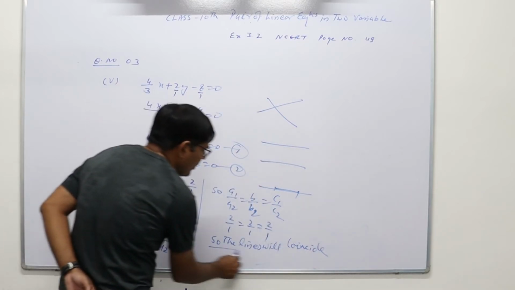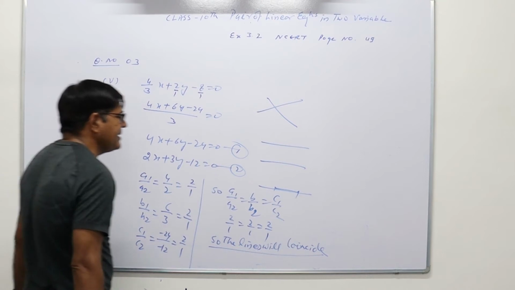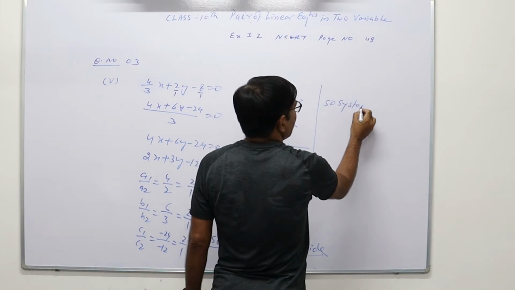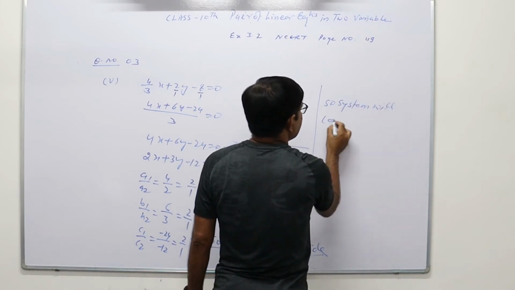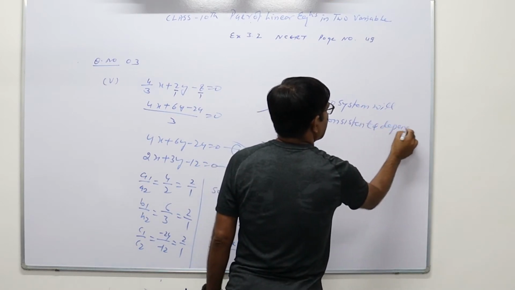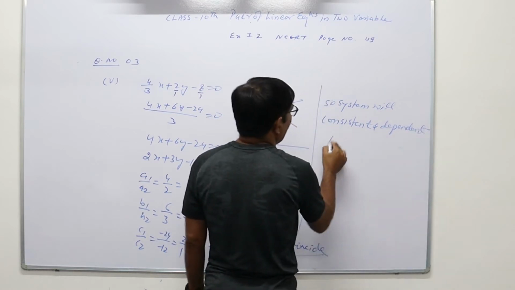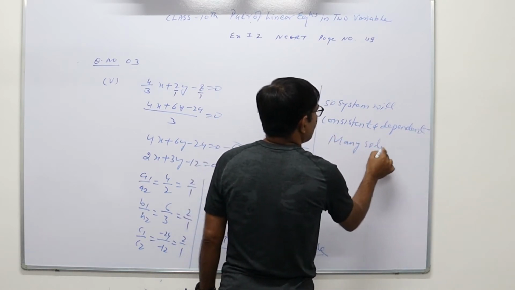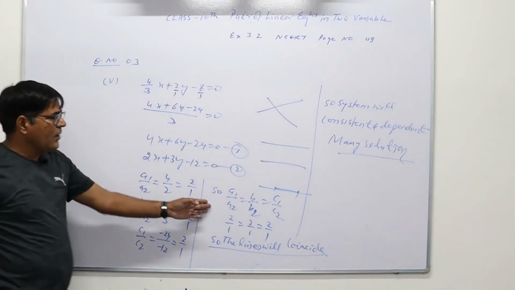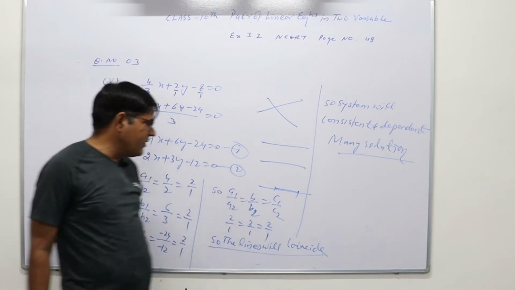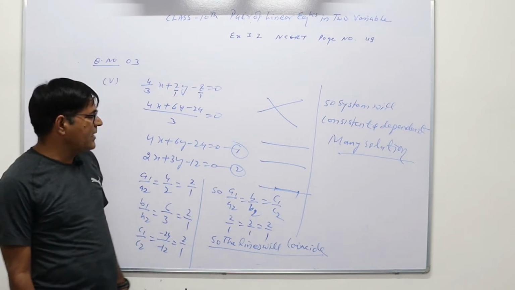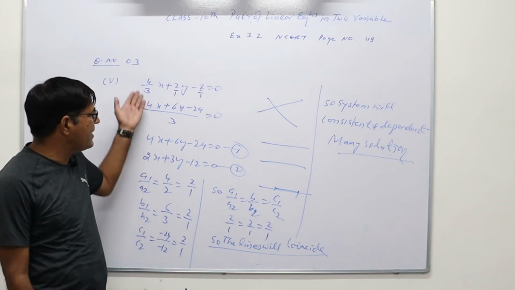अगर lines coincide होंगी, then the system will be consistent and dependent, and have many solutions. So there are 3 possibilities. अगर a1 upon a2 is equal to b1 upon b2 is equal to c1 upon c2, lines will coincide, then there will be infinitely many points on the lines which will satisfy the first as well as the second equation.